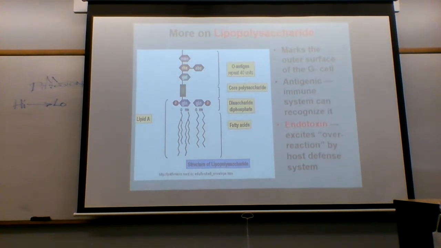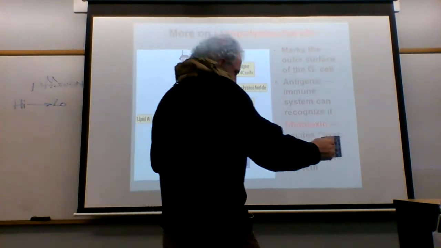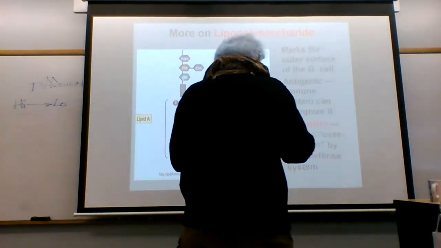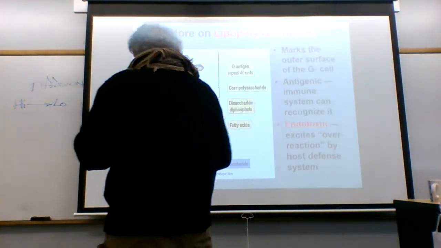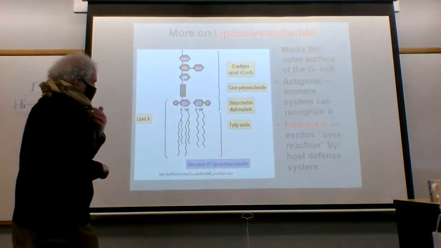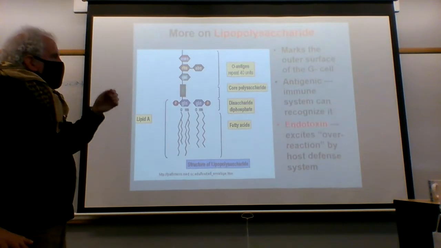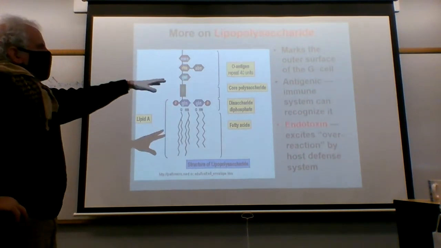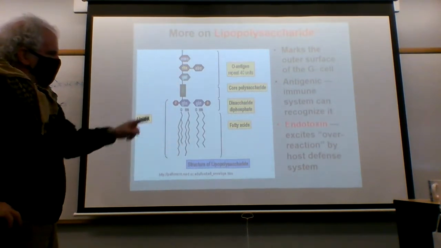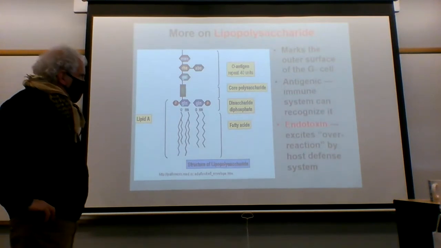All right, so a little bit more on lipopolysaccharide. This is the material that is really making a lot of bacteria pretty nasty. So it is the outer surface of the gram-negative cell. That's what the G- means.